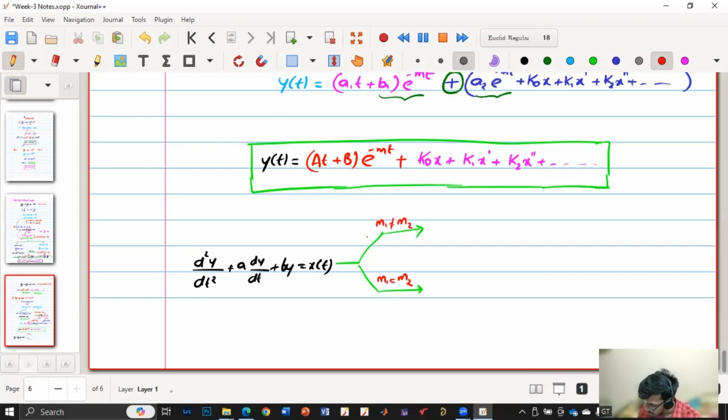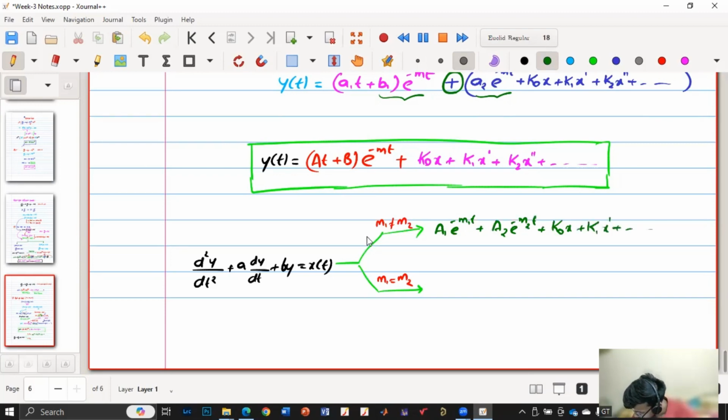So in the first case, it is very simple. It's generalized. So it will be a1 into e to the power minus m1t plus a2 into e to the power minus m2t plus k naught x plus k1 x dash plus up to so on.